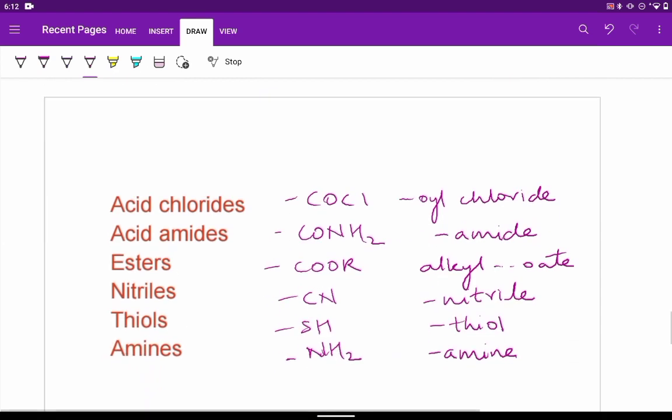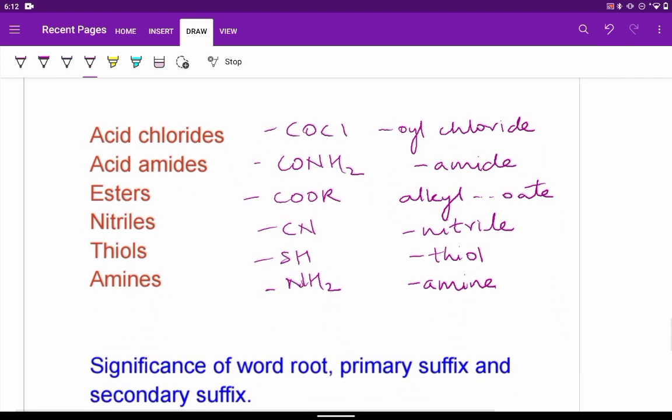Next we have acid chloride. COCl is the functional group and the suffix will be oyl chloride. For acid amides, the functional group is CONH2, and the secondary suffix is amide.